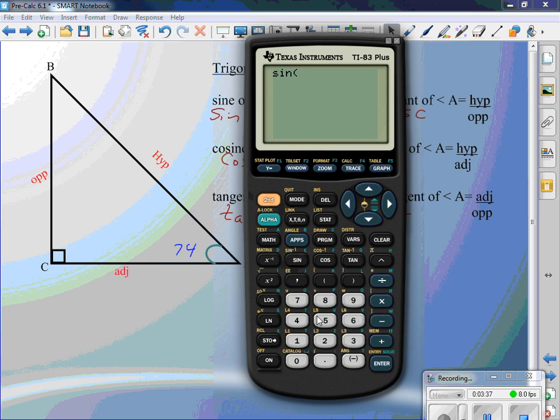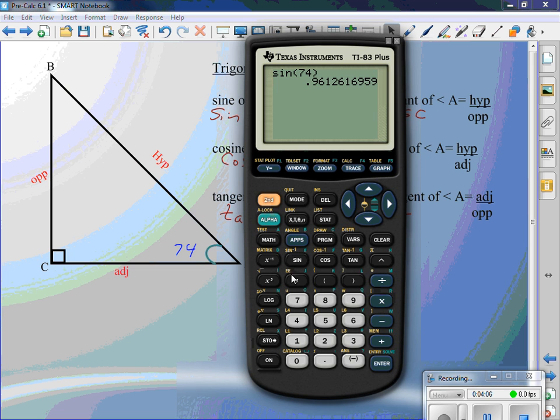If I hit the sine of 74, I get this decimal. One thing you notice is that there is no cosecant button, there's no secant, and there's no cotangent button.